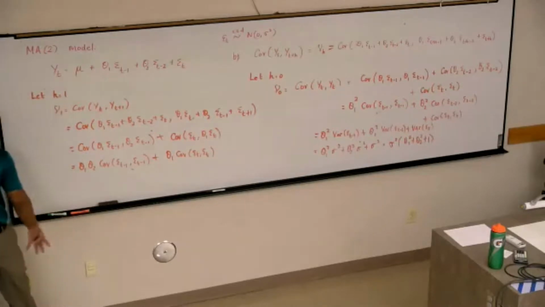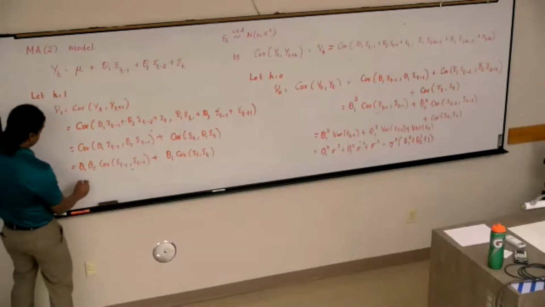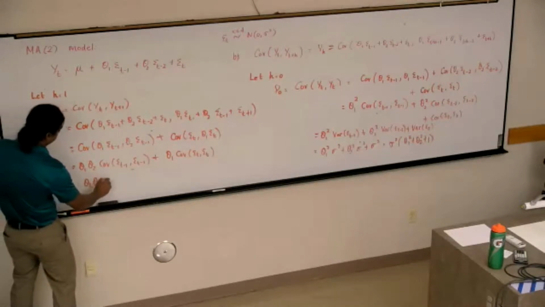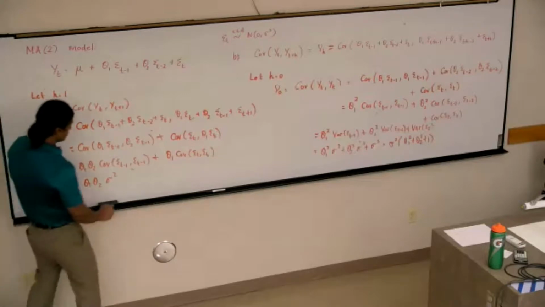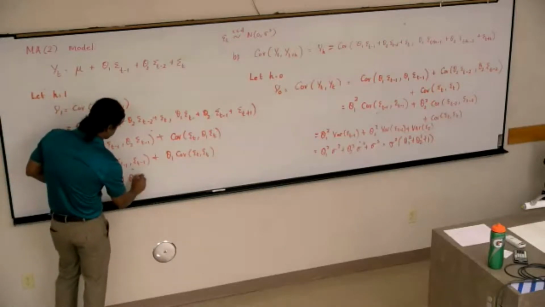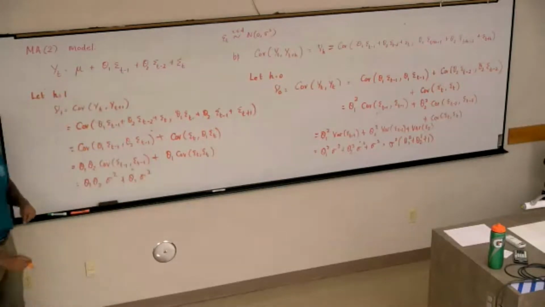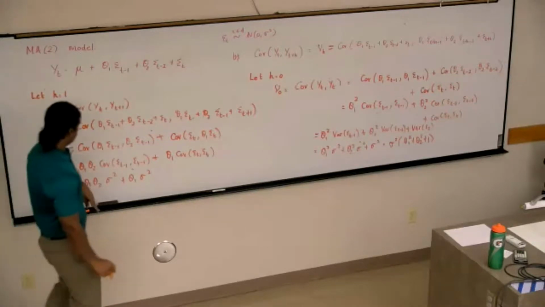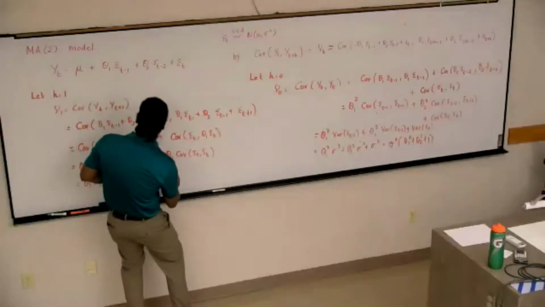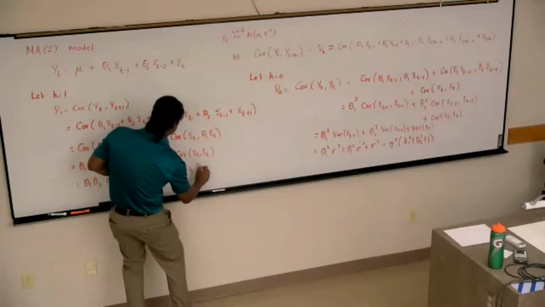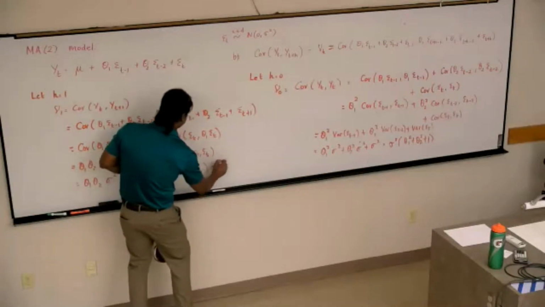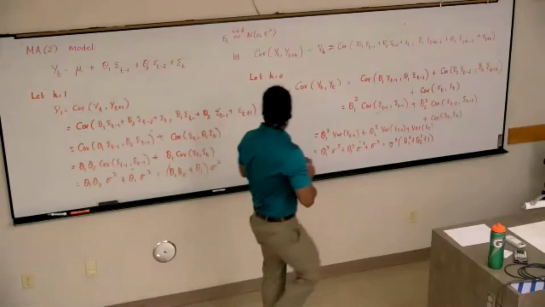Variance of epsilon t minus 1, which we know is sigma squared. Same over there, theta 1, sigma squared, which would result in theta 1, theta 2, plus theta 1, sigma squared.